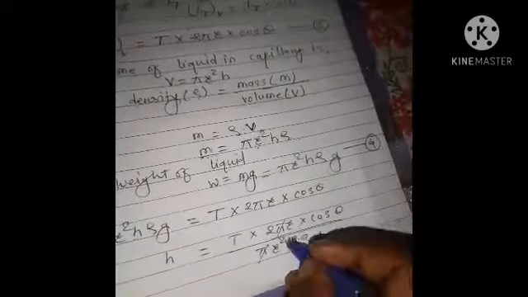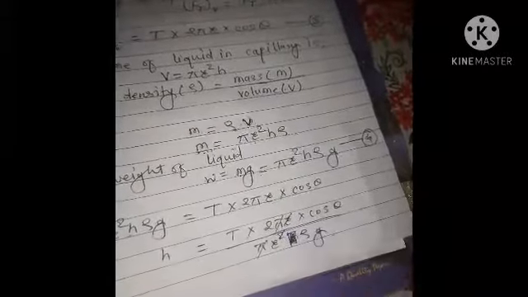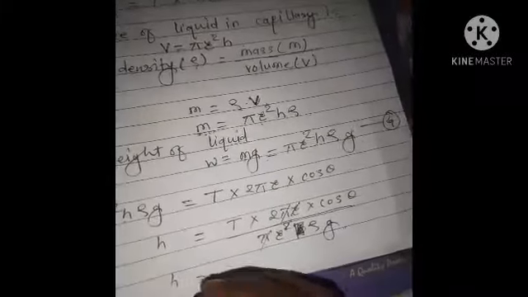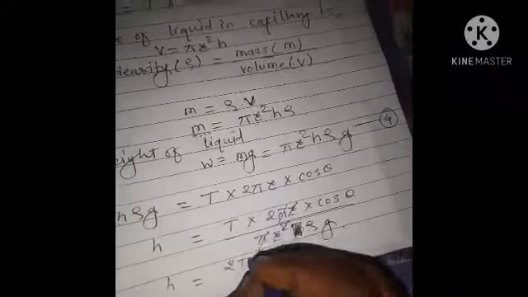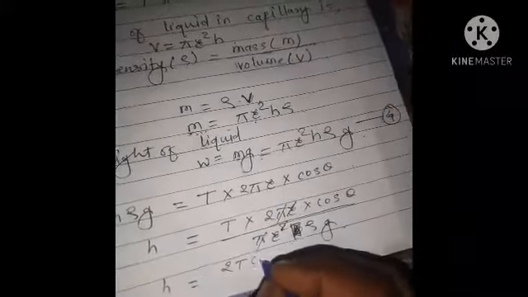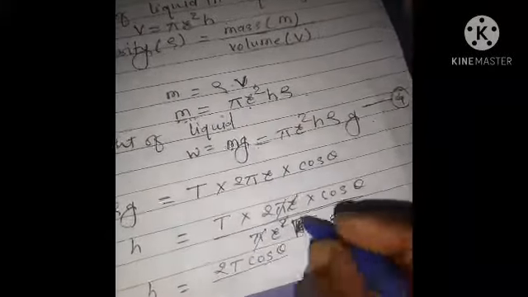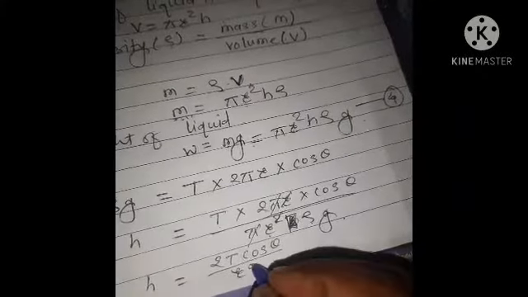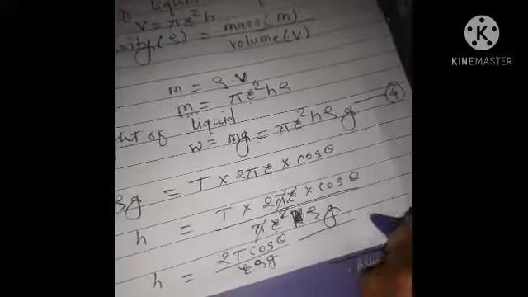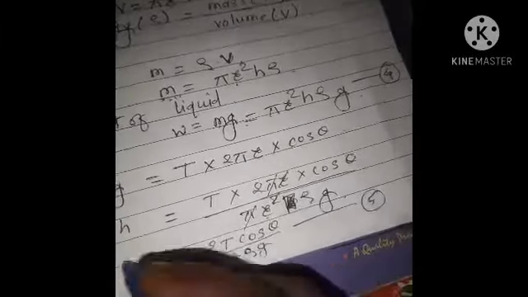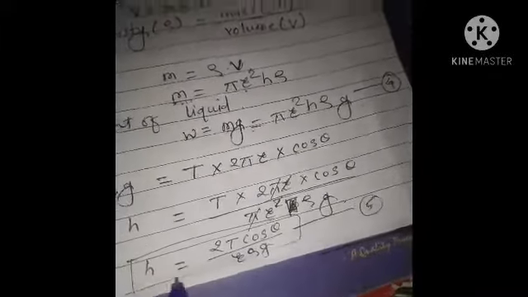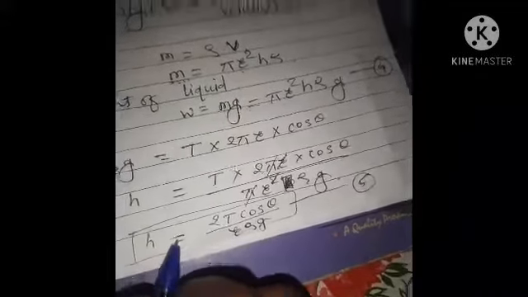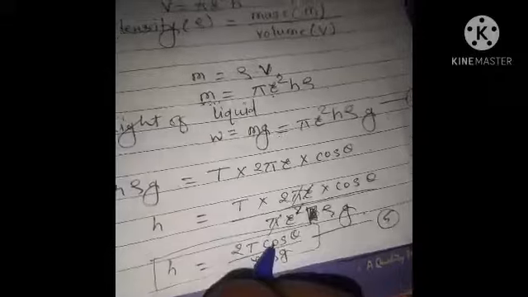Pi gets cancelled, and r and one r get cancelled. Now we get h is equal to 2T cos theta divided by r rho g. This is the expression for height of rise or fall of liquid.